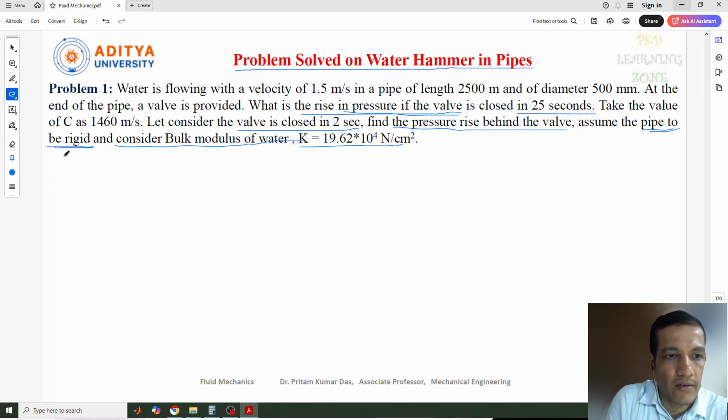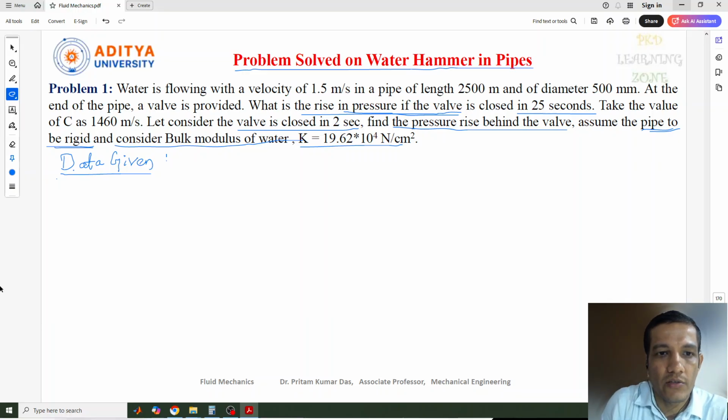So first we can write the data given here. If you see the data, starting from the first line, velocity is given. So let me write velocity equal to 1.5 meter per second, and second one is the length given.